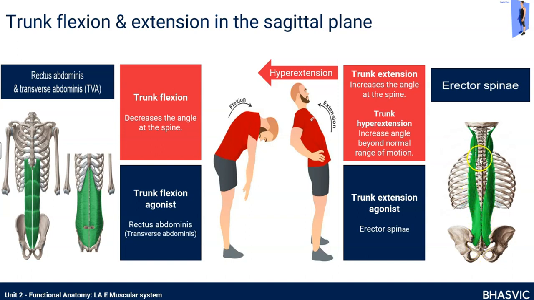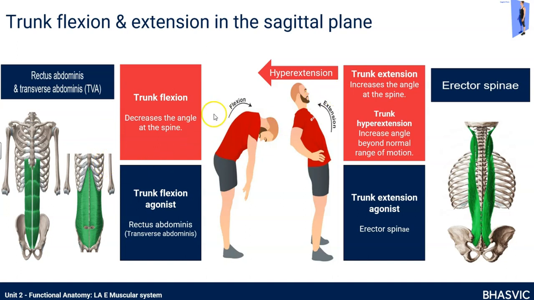This muscle runs all the way up your vertebrae, up to your cranium, right down to the base, your sacrum. If these muscles contract, it pulls your vertebral column backwards and you have extension at the trunk. Just to be aware, hyperextension is beyond the normal range of movement, so bending right back. Not often done, but gymnasts probably do that quite a lot.